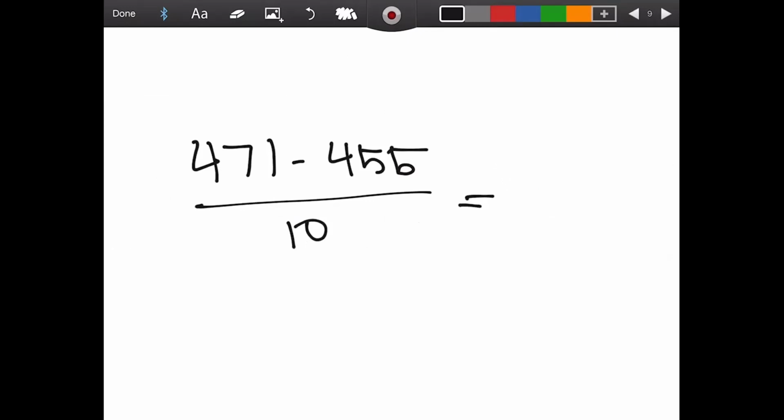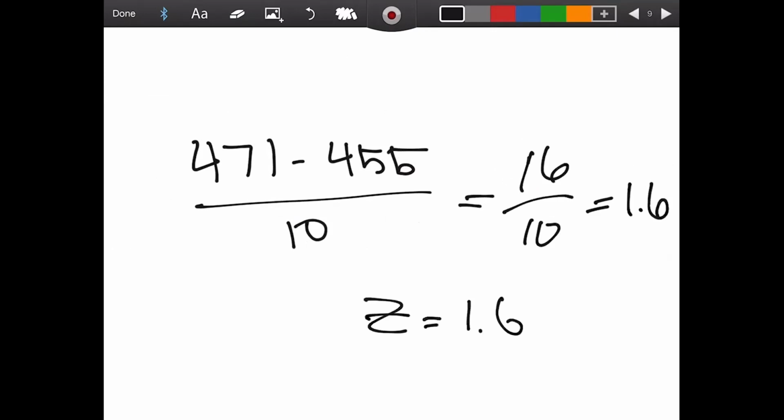So that gives us 16 divided by 10, or 1.6. So our z-score is equal to 1.6.